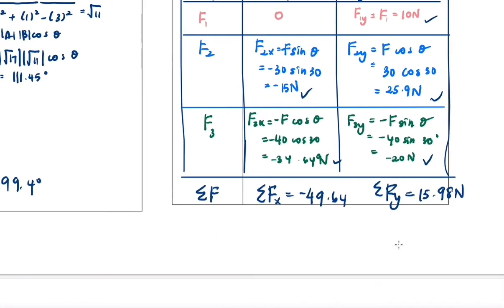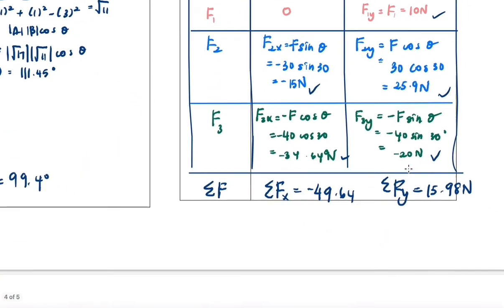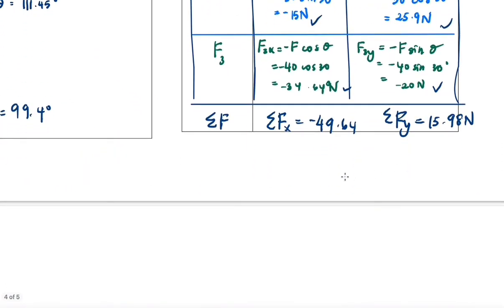When we have dah dapat dah yang tu, so kita dah siap resolve, tapi dia nak determine the magnitude and direction. So kita akan cari magnitude and direction untuk each vector tu. Resultant magnitude is F equals to square root Fx squared plus Fy squared.